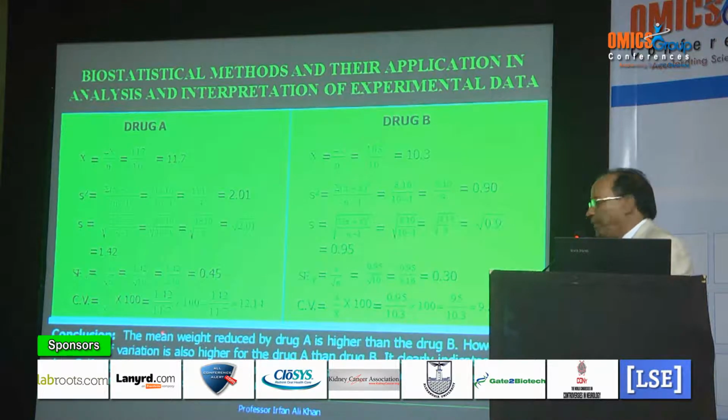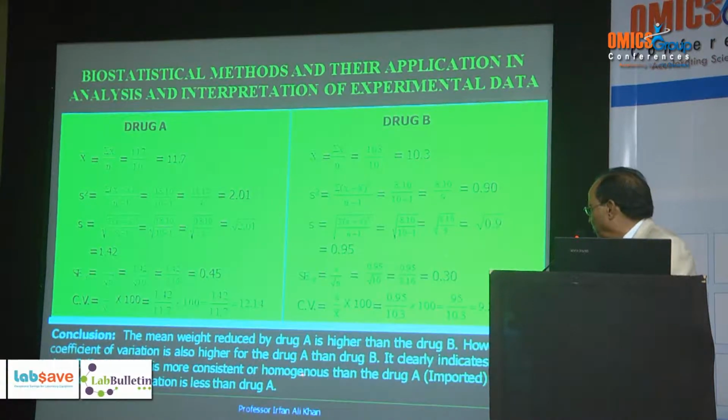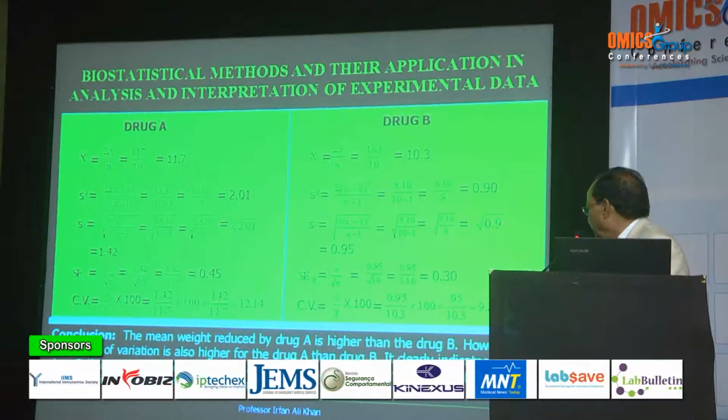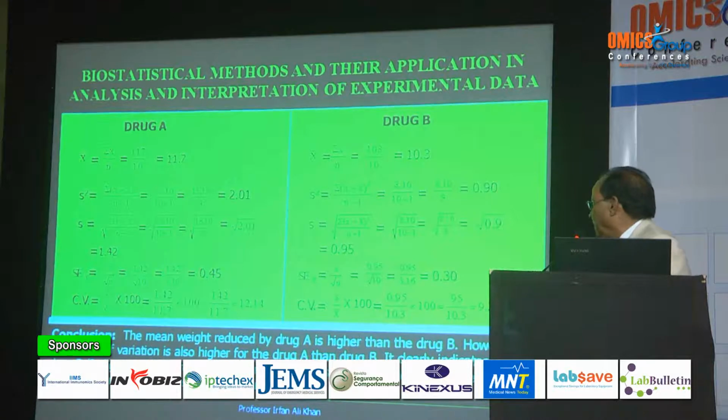So the concluding part of the problem is that the mean weight reduced by drug A is higher than drug B. However, the coefficient of variation is also higher for drug A than drug B. It clearly indicates that drug B, indigenous, is more consistent or homogeneous than drug A, imported, because the coefficient of variation is less than drug A. So we should always concentrate on this part.